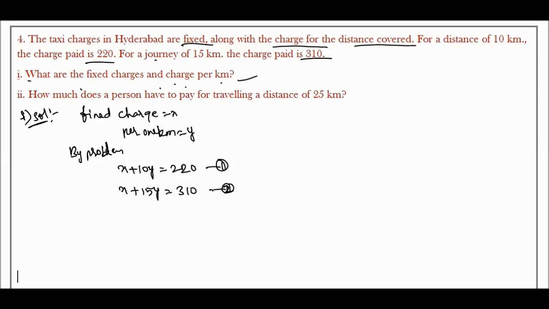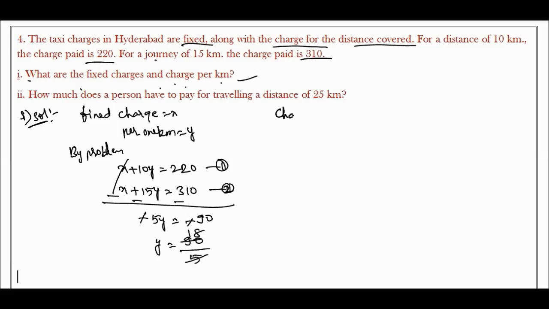So this is the second equation. We solve these two equations, we'll get the answer. So we cancel x. Minus and minus will get cancelled, and minus 5y will remain, and it will become minus 90. So minus minus will get cancelled, and y is equal to 90 divided by 5. 5 ones are 5, and 5 eights are 40.